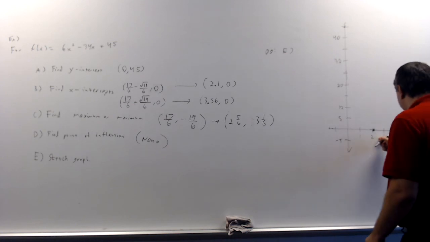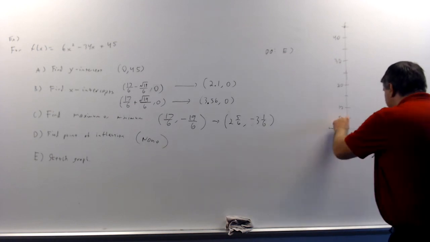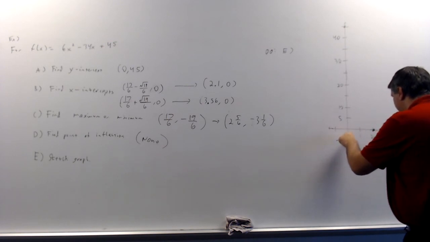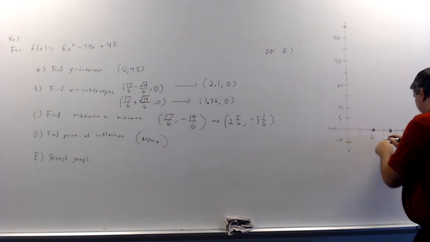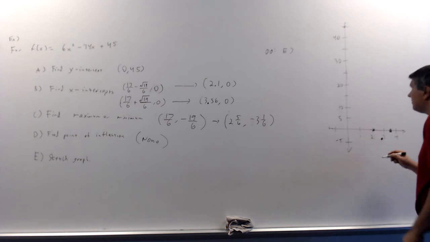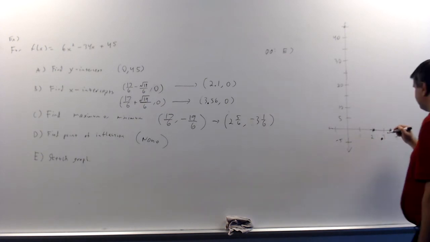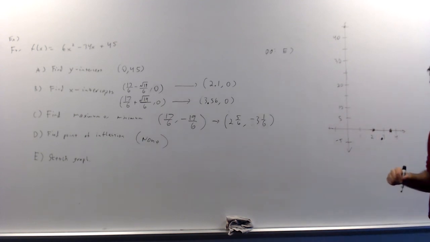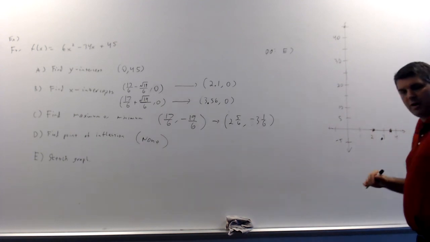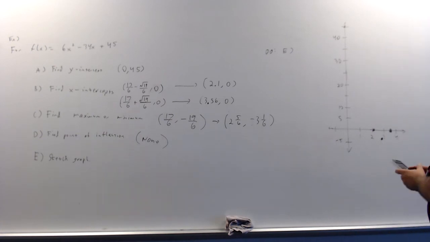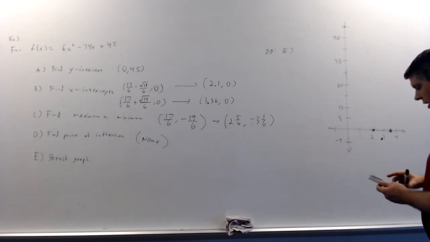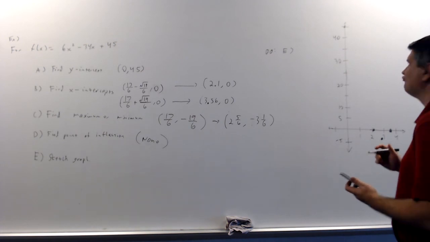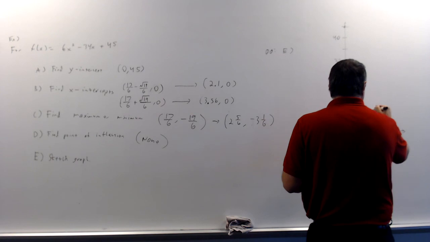If this represents the 5, I guess negative 3 would be about right there. If we're going to sketch just based on this information, then this is adequate. Just to be on the safe side, I'll also do 2 and 1. This is good enough given the information that we have.